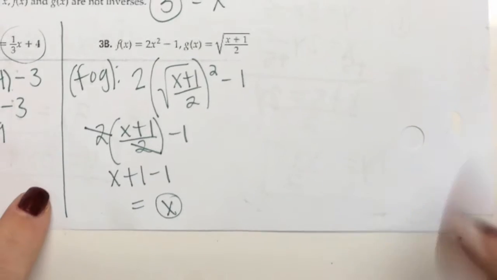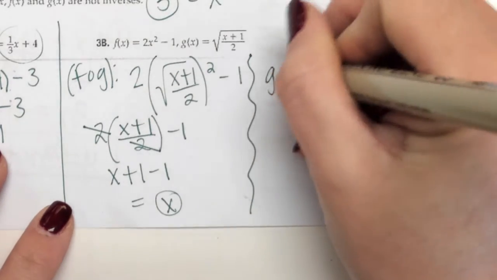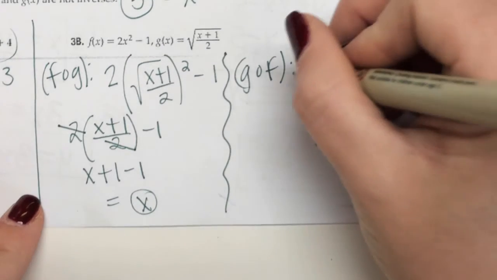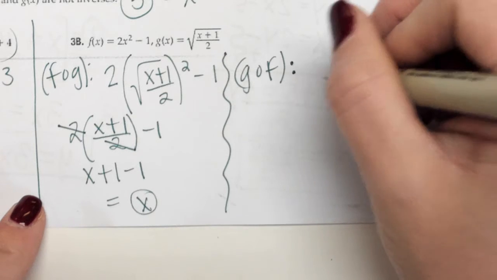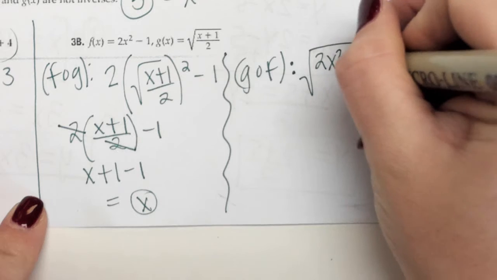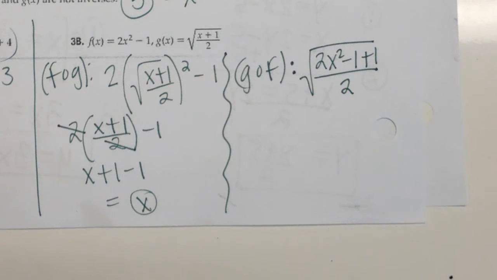So now moving on to g of f of x. Tell me how to rewrite it. Go ahead. 2x minus 1. Good. 2x squared minus 1 plus 1 over. Good. Alright, so it looks a little messy.